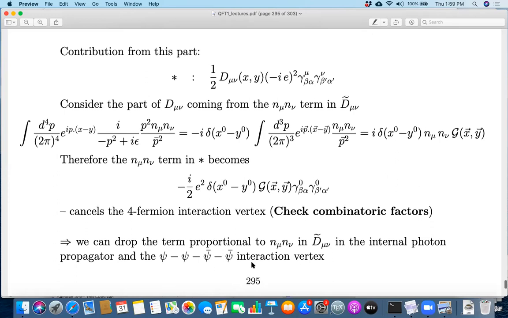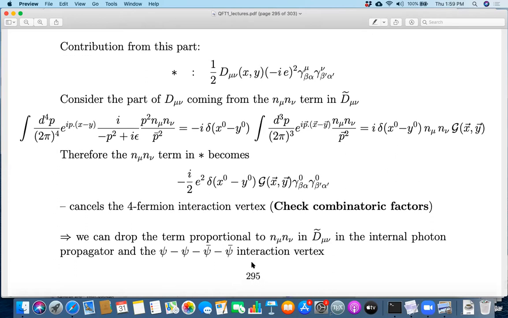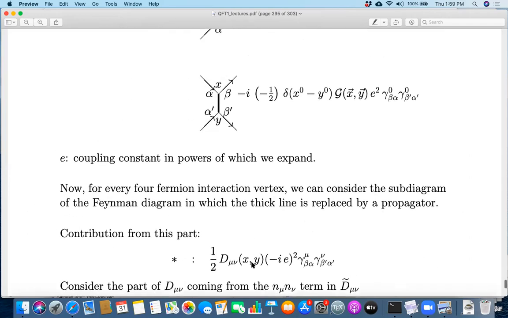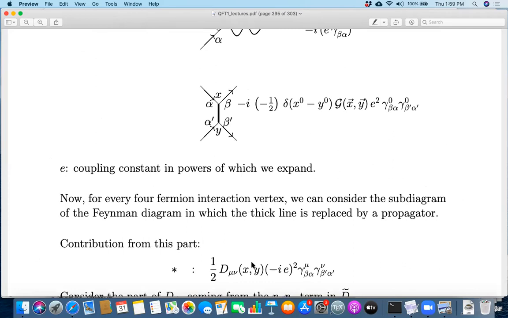Sir, in this 4 fermion interaction vertex, can you just go back to the diagram? Yes. Here the solid line represents the contact interaction, right? Indeed, yes.